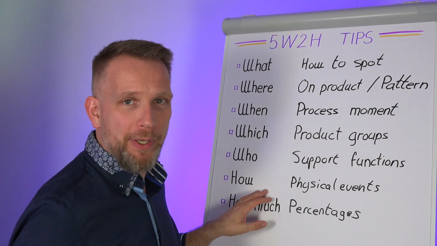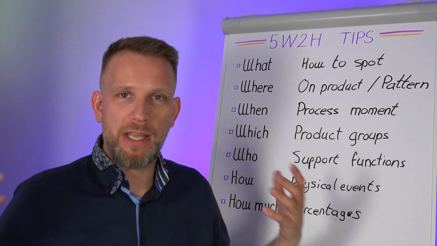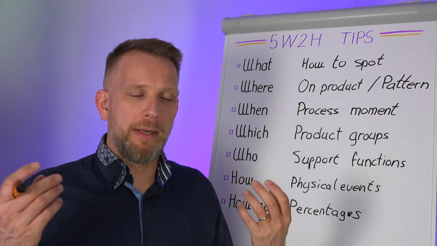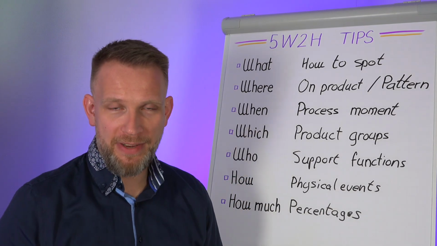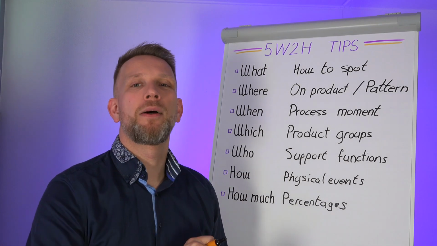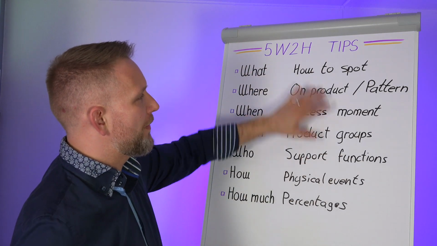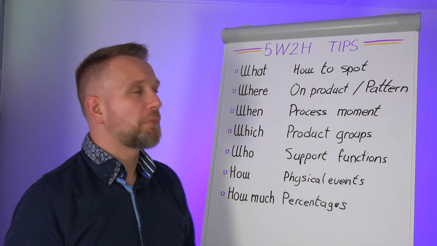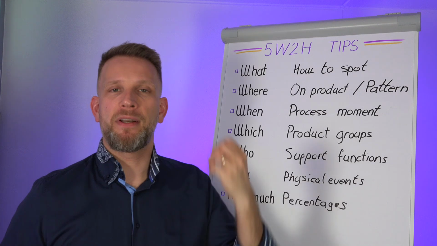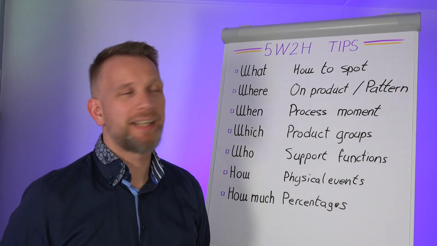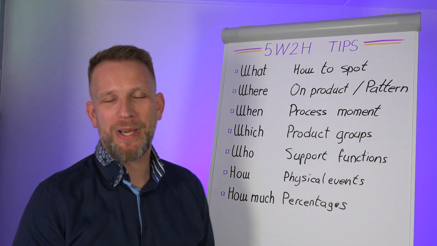How did it happen? What direct physical events happened and were the cause of our deviation? And that will become much stronger with a broader view on these nice 7 information points, right? These 5 W's and 2 H's.